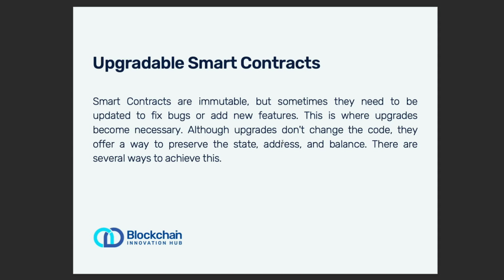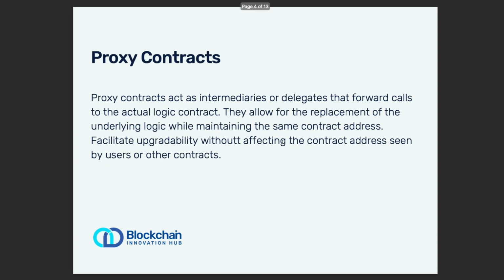What it means is that it kind of offers a way to preserve the state. So everything you have stored on the blockchain via your smart contract can be accessible and preserved. Same thing with the address and balances. So that's upgradable smart contract.